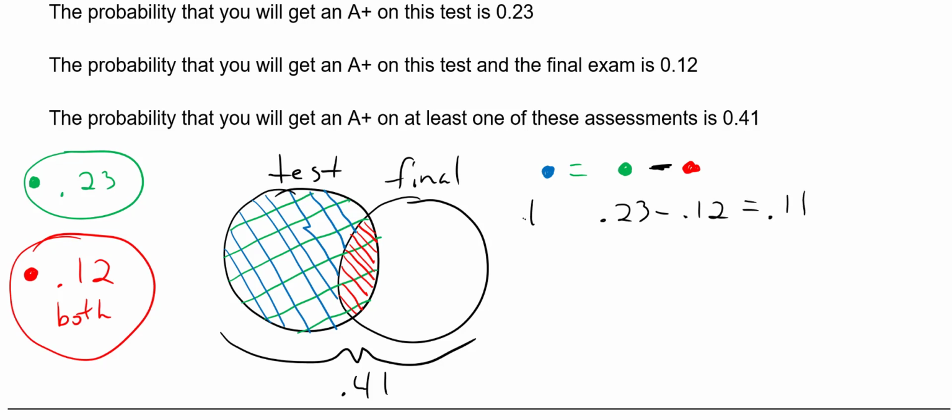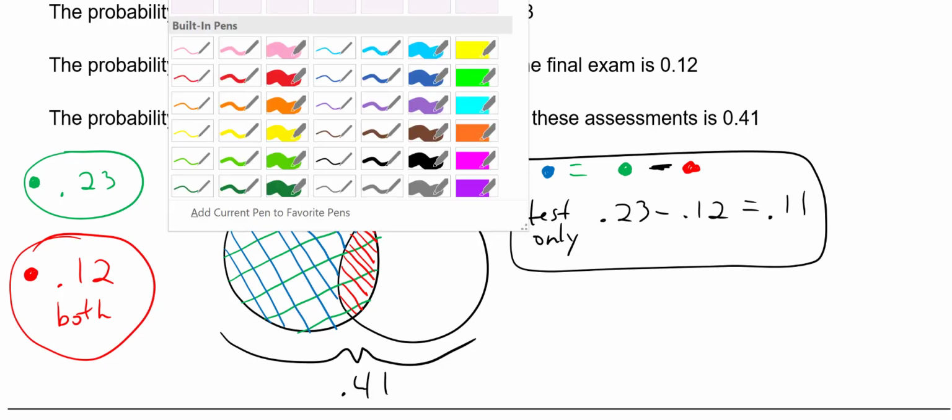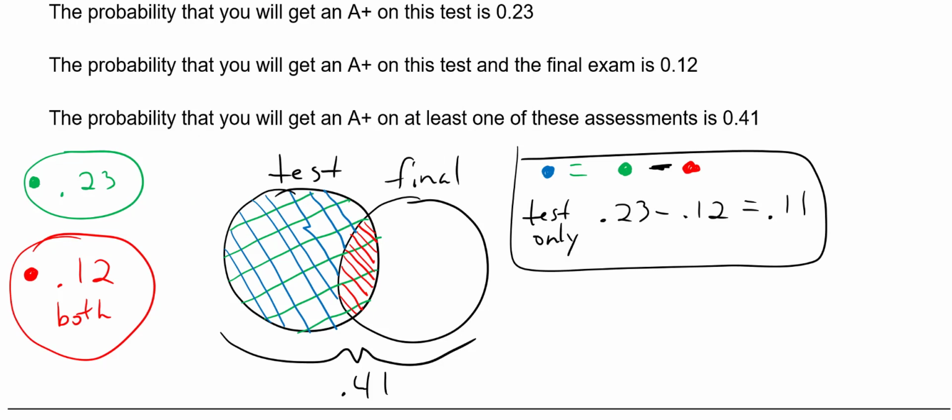And this is for the test only. Okay, that's what's in blue. All right, and then last one, I'll do yellow. Okay, so the yellow is going to be, it's a little thick, but that's okay. The final only.